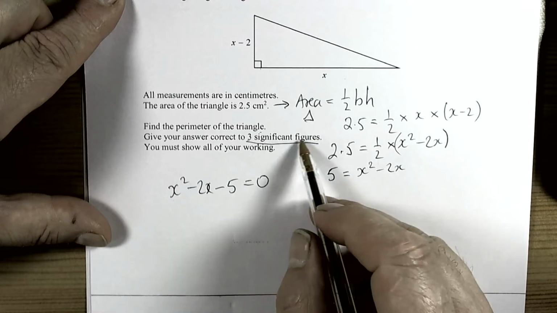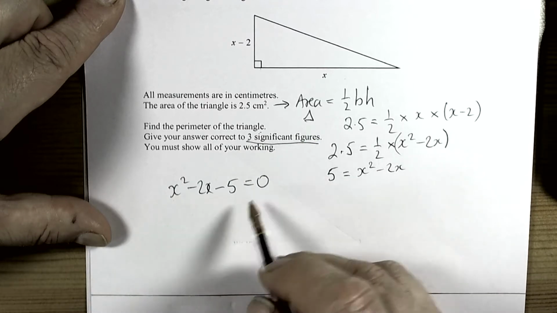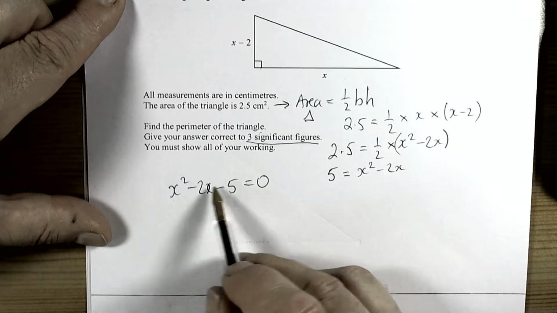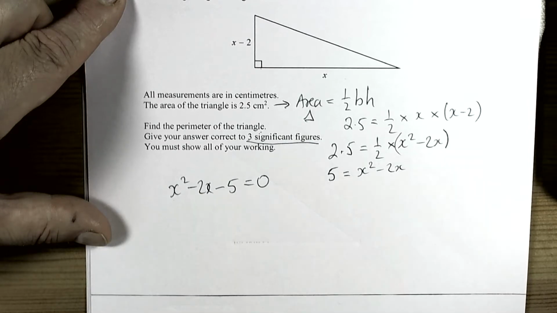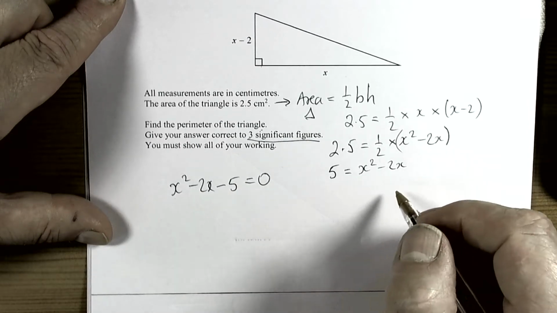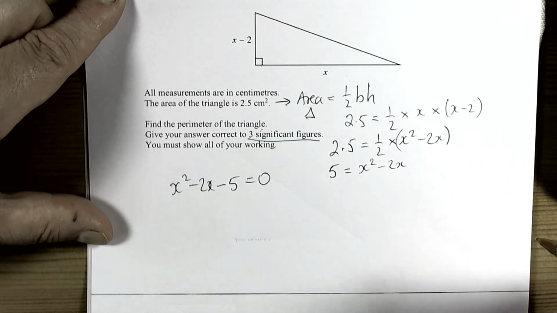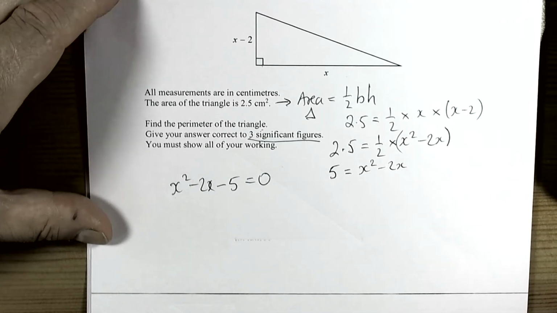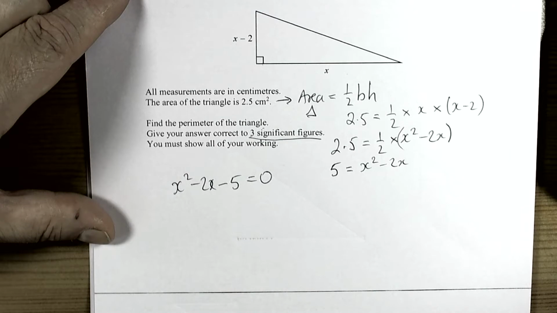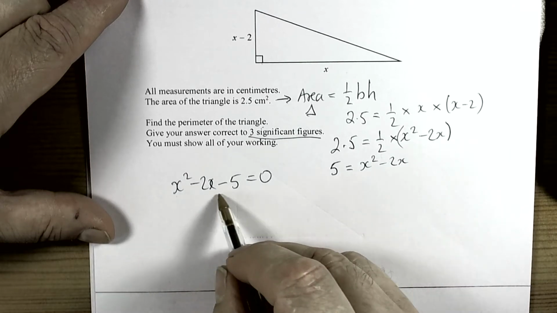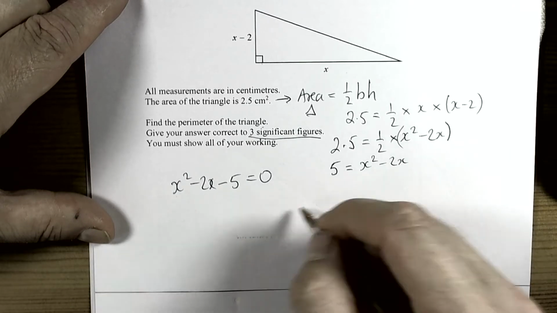So it says 3 significant figures, so it's unlikely to factorise. 5 and 1, not going to give you negative 2, so it's not going to factorise. So we're going to use the formula, or we're going to complete the square, whichever way you like to do this kind of thing. We'll use the formula though.